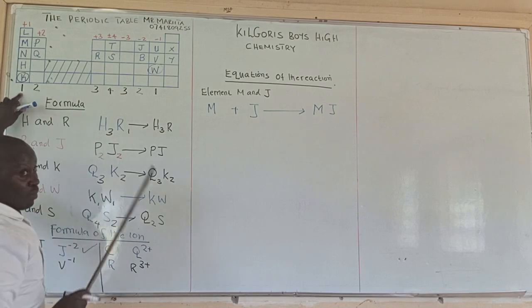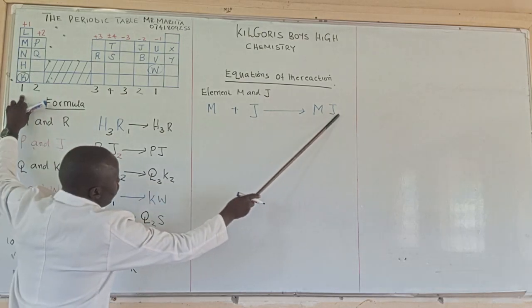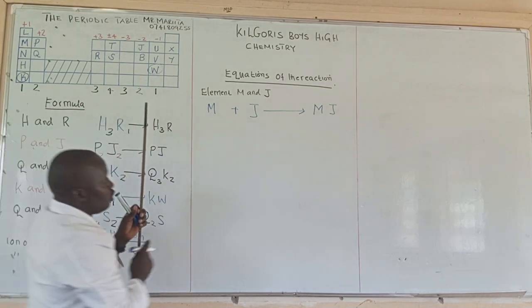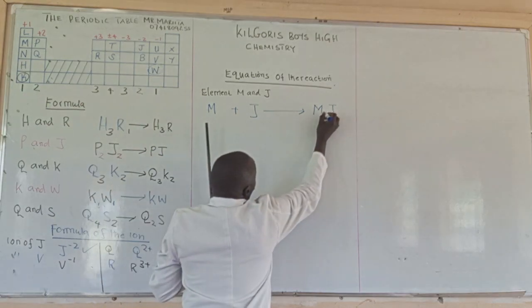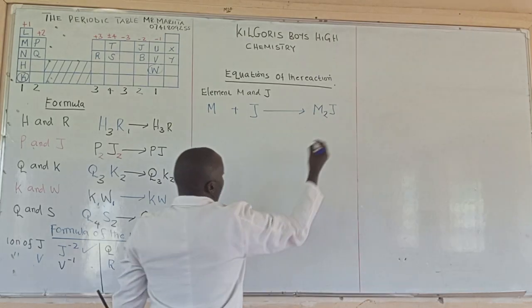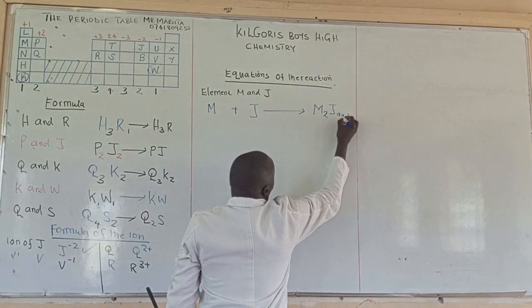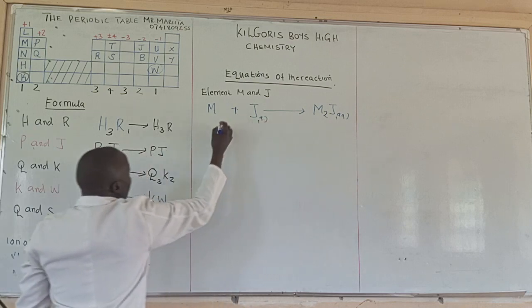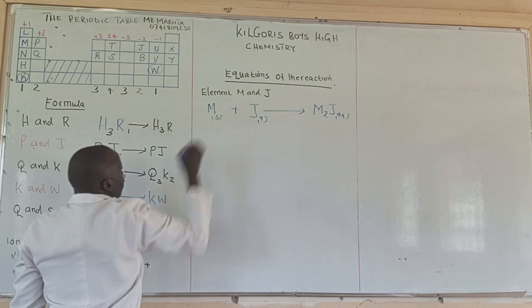At M here we have number one, and we can take it to J. At this J here we have number two, so we can have our number two there. So this is the correct formula of the product. J is in gas form, and M is in solid form.